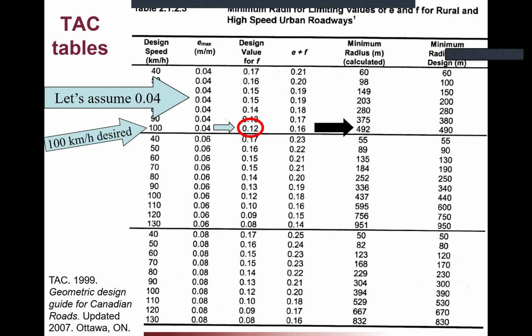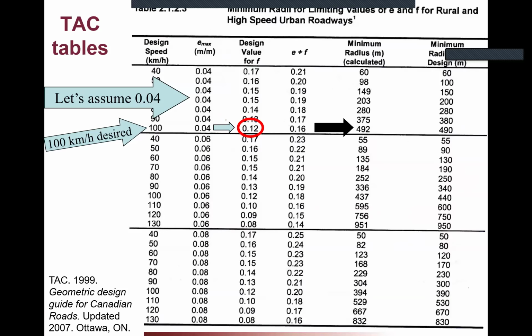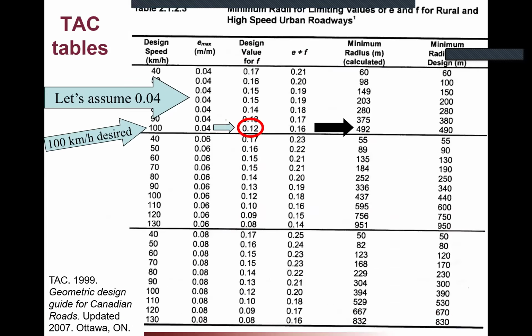The second portion of the table, super elevation is 0.06. The third portion of the table, super elevation is 0.08. Then you have your design value for friction, which is coming from these tables. And then you add the super elevation and the friction, and that goes into this equation to give you the minimum radius of curvature.